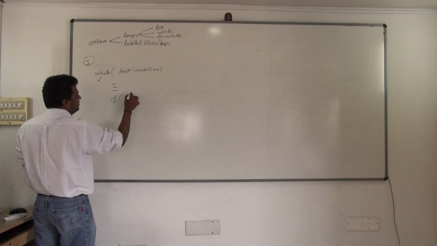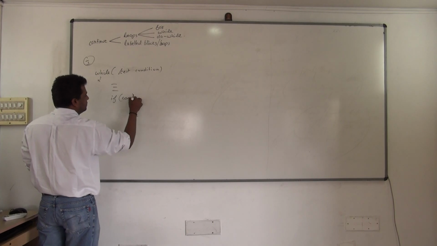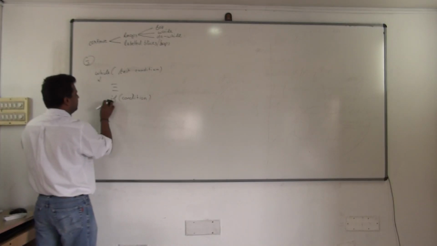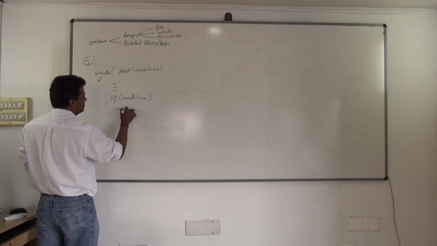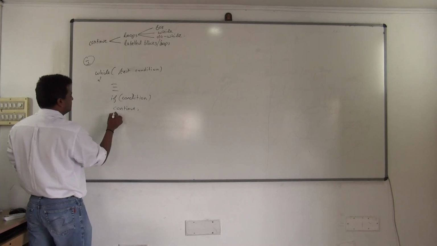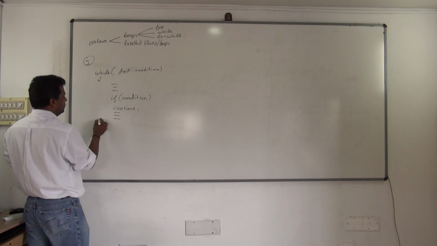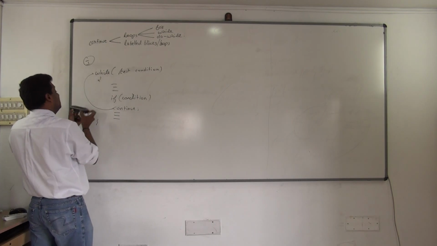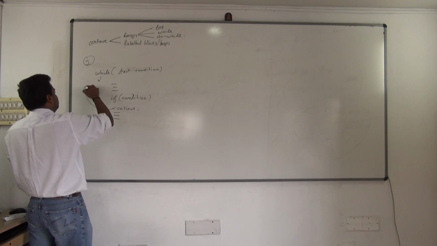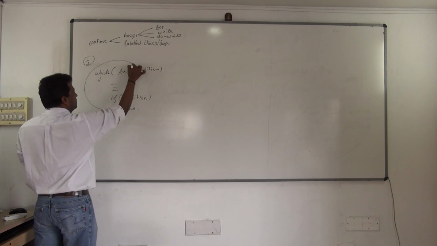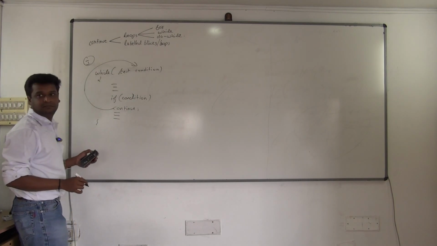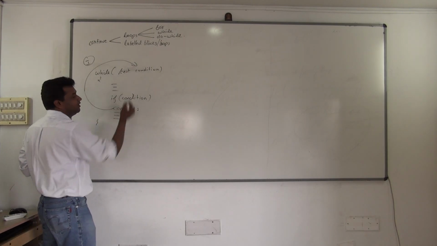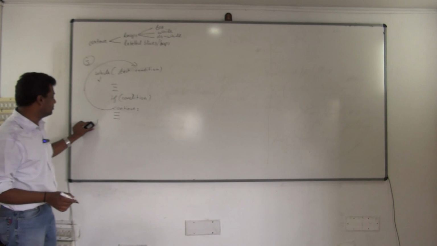If some condition, you'll say continue. What will continue do now? It takes it to the test condition directly, the beginning of the loop. Understood? As soon as continue is encountered, it will be taken to the test condition, the beginning of the loop.